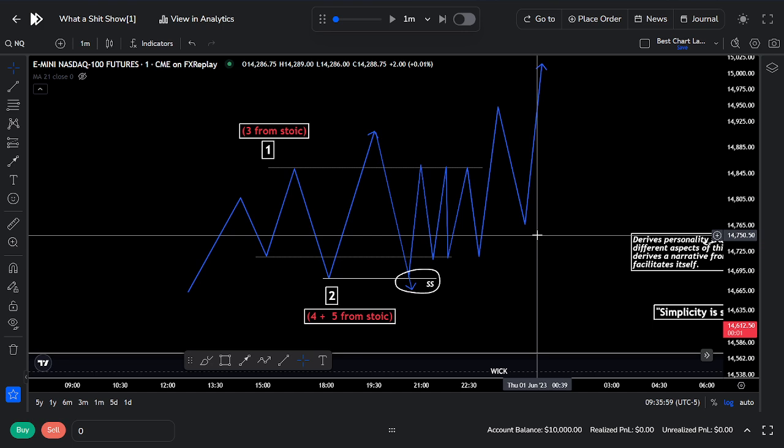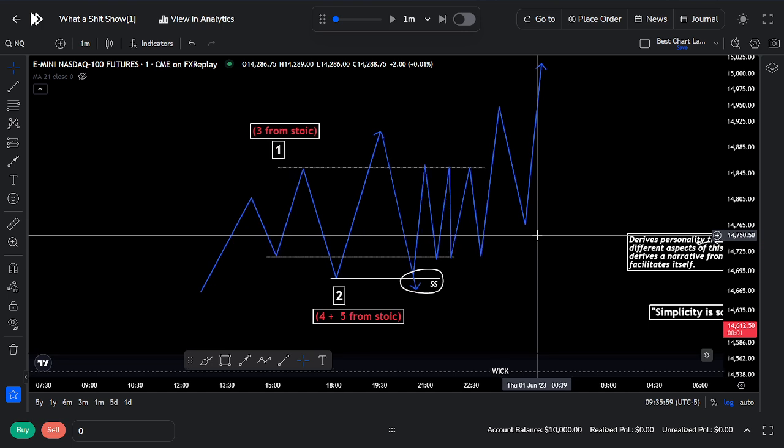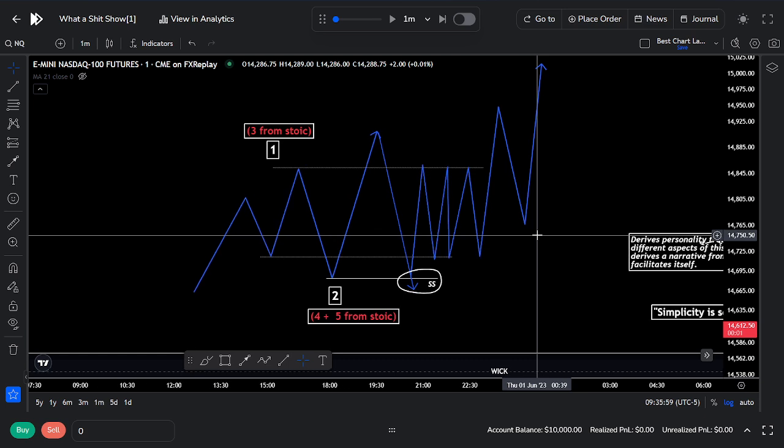Alright, so essentially, from observations on the 15-second time frame, what Jay was able to do was derive a system based off of the highest probability moves in the market.